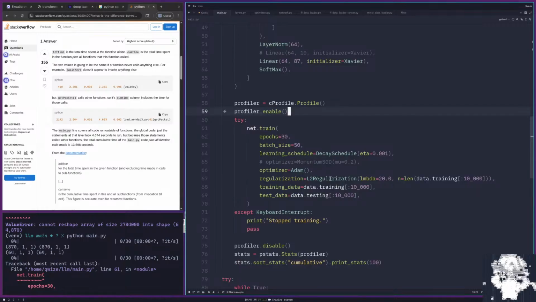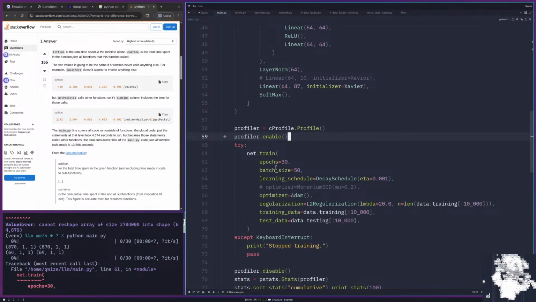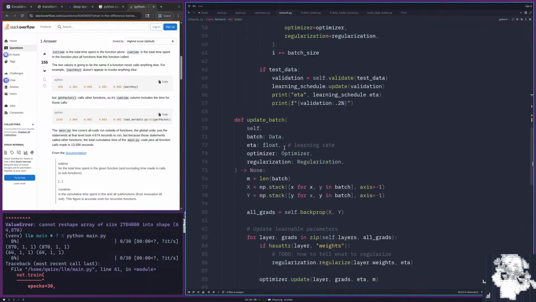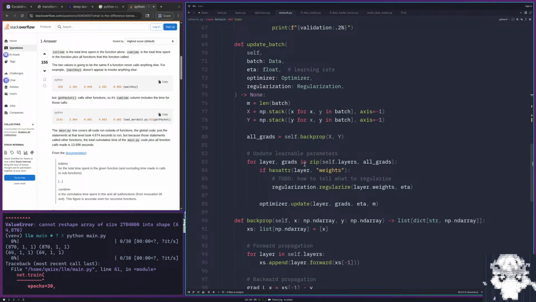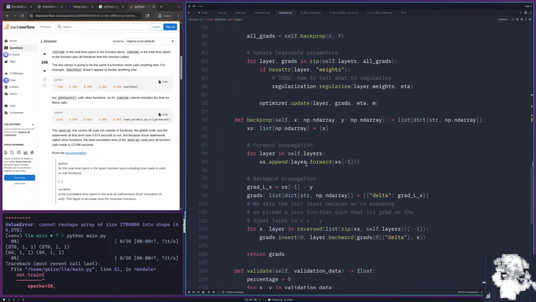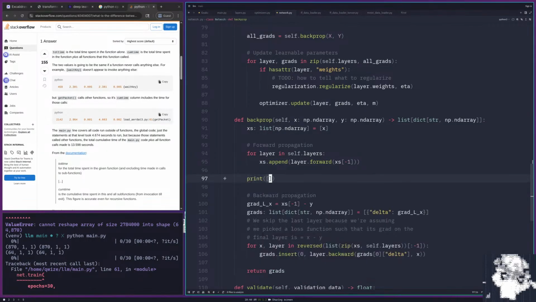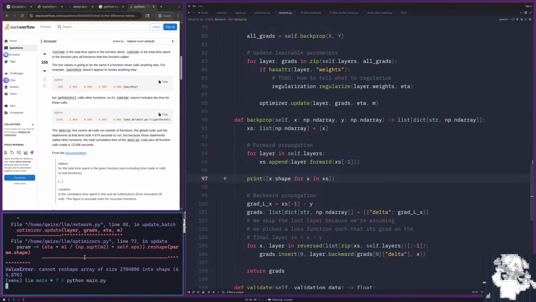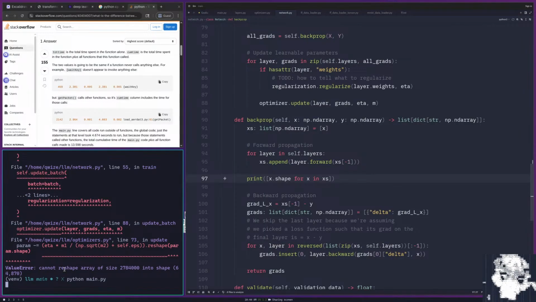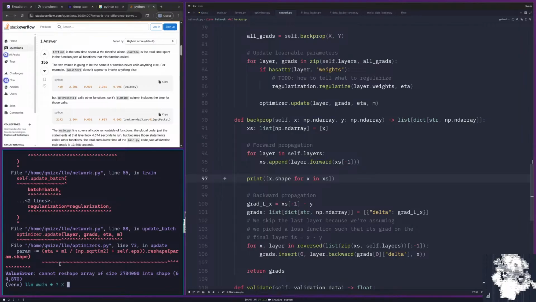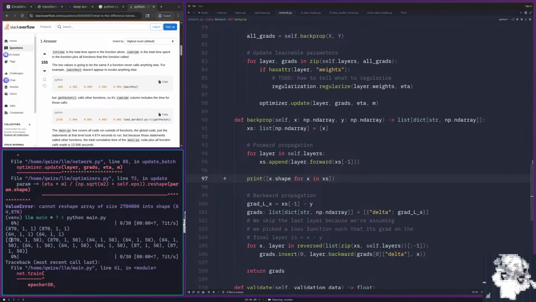Let's do that thing where we print the sizes of all the activations. Print x.shape for x in xs. 870, 150.